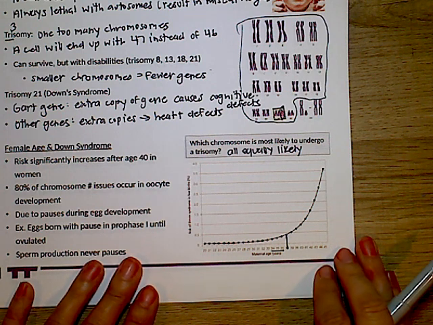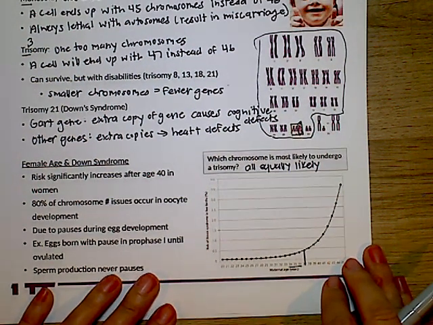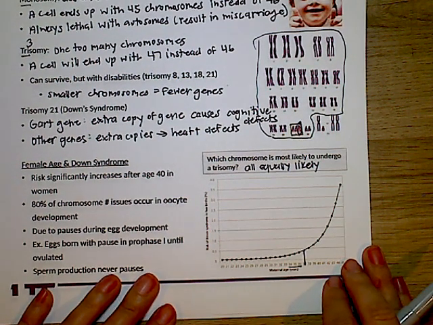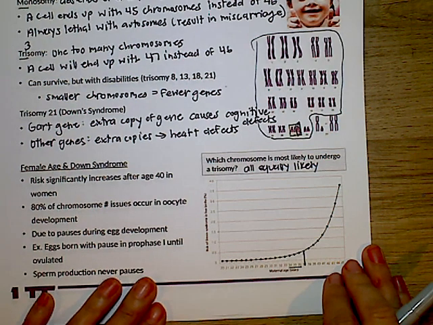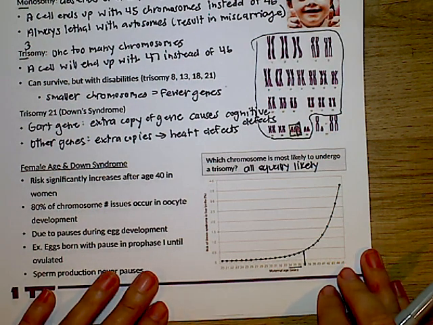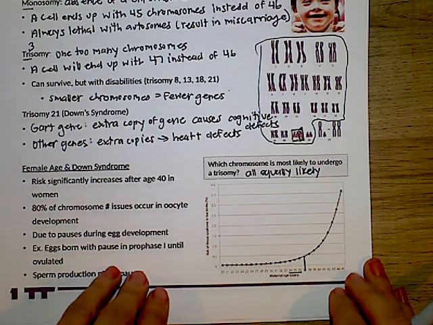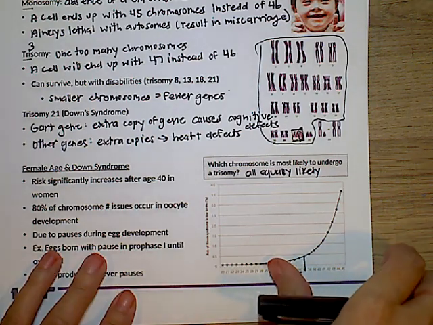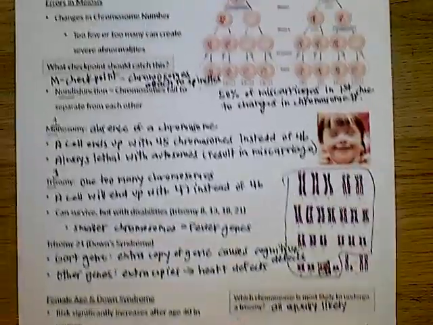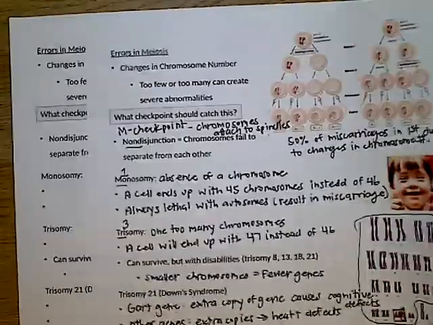And that's because, I don't know if this is proper to say, but your eggs get old. And so when they're trying to go through meiosis to ovulate, sometimes the cell division stuff doesn't work quite as well, and so you're more likely to have a non-disjunction to result in trisomy 21 or some other trisomy or monosomy.